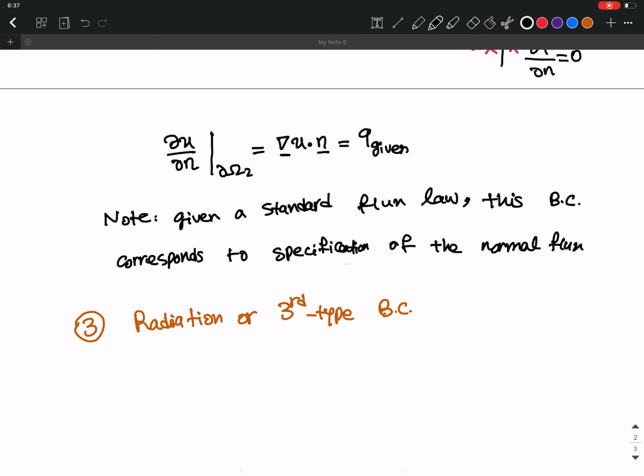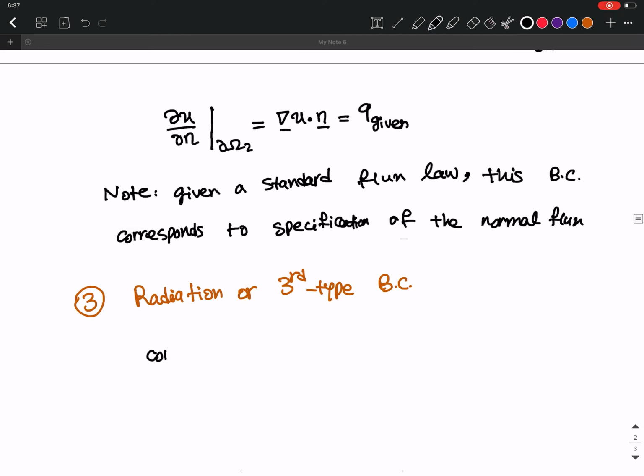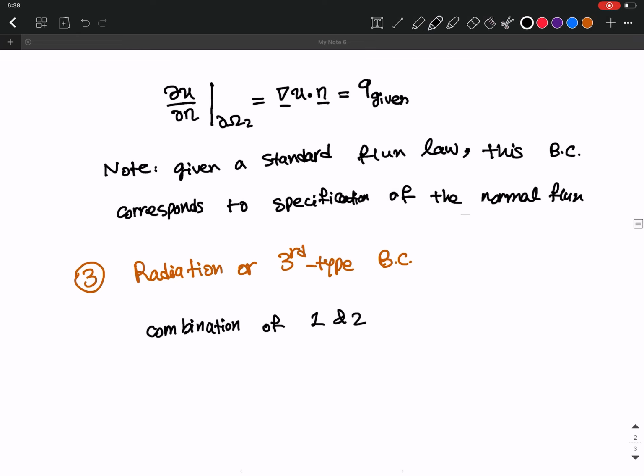It is a combination of one and two, and that means that we specify both u itself and its normal derivative at a specific boundary location.